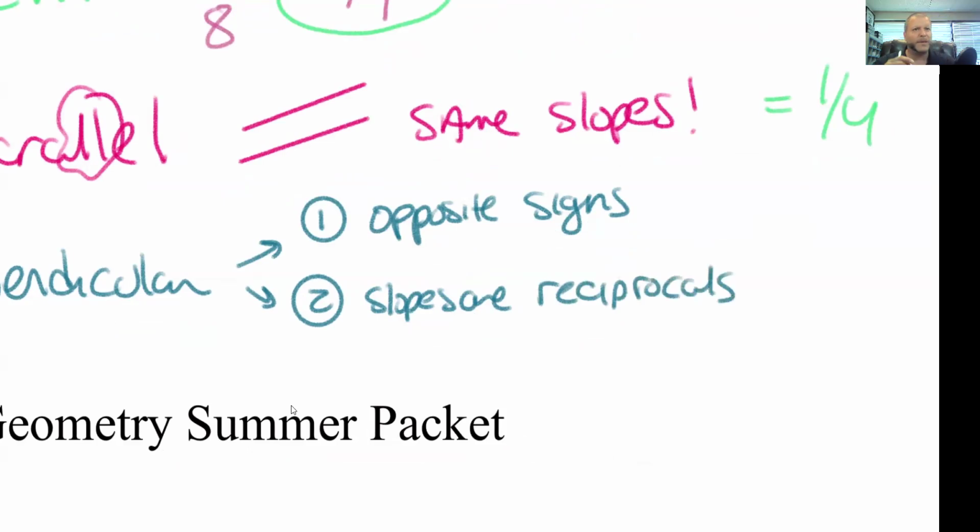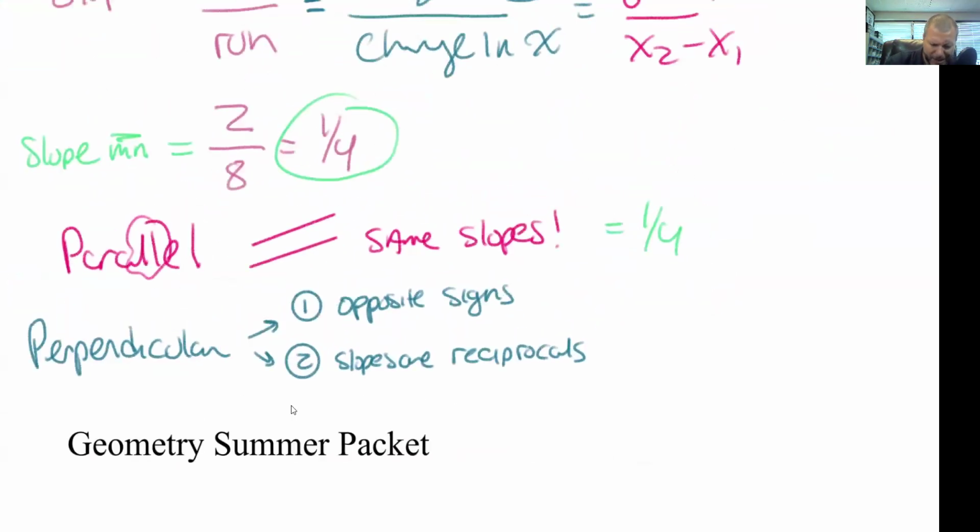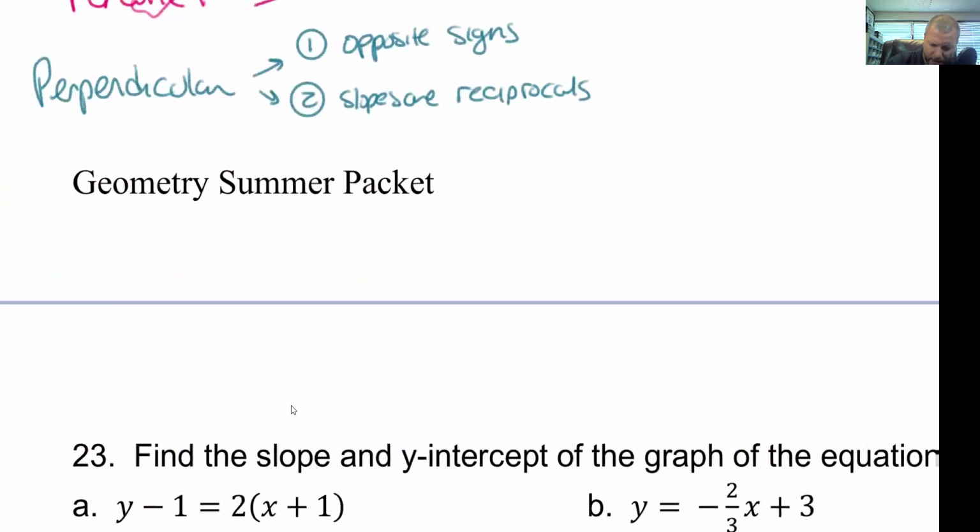So remember, if we want a reciprocal, we just flip it over. Take the bottom, make it the top. The reason that this is true: if I have a line that looks like this, anything perpendicular has to cross it at a right angle. So right now, my blue line has a positive slope. My red line has a negative slope. Notice the blue line's not that steep, but that red line is dropping fast.